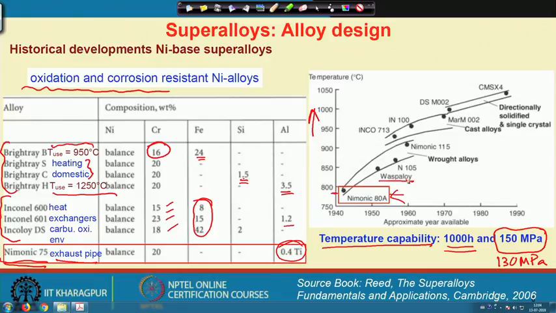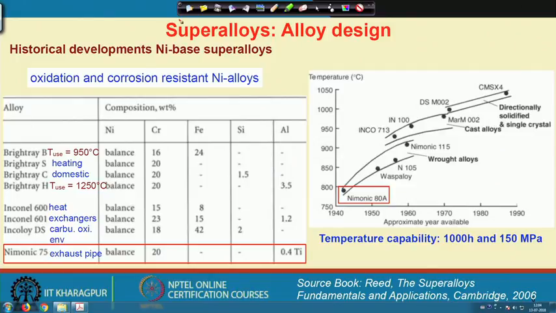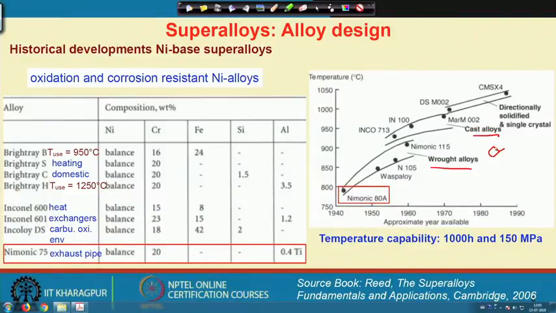Waspaloy was very famous among these wrought alloys, or directly cast alloys like Inco 713, or some of these MAR alloys, or directionally solidified alloys, or the CMSX series. These alloys were developed later on to improve operating temperature in the presence of stress, which is only the development of some processing conditions along with some alloy additions. Processing conditions have been improved, because going from wrought alloy to cast alloy, we get equiaxed grains. Equiaxed grains mean that whenever we apply stress, the break will be here.